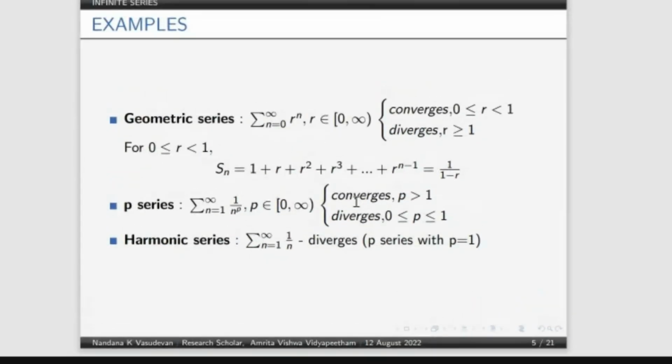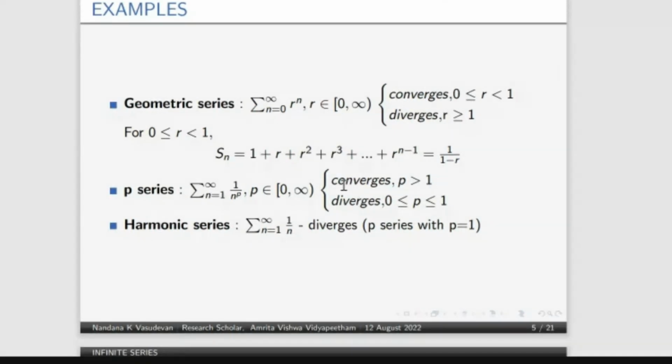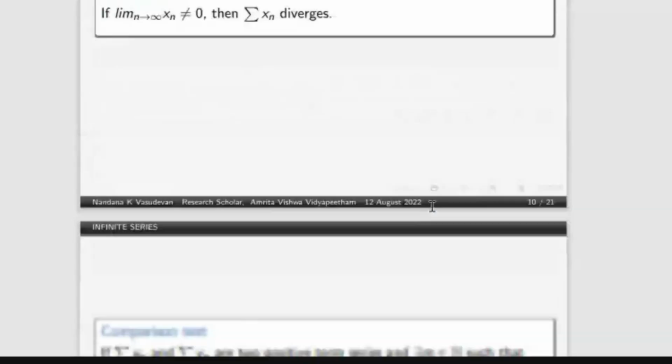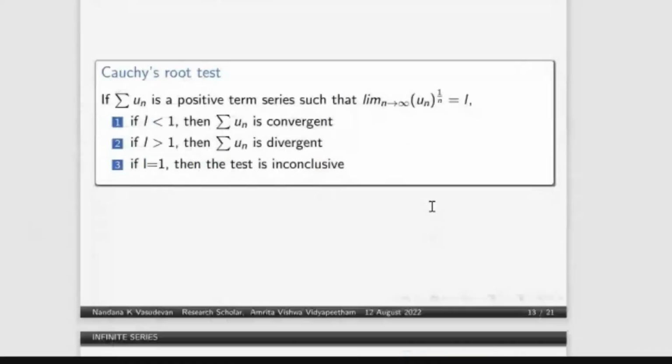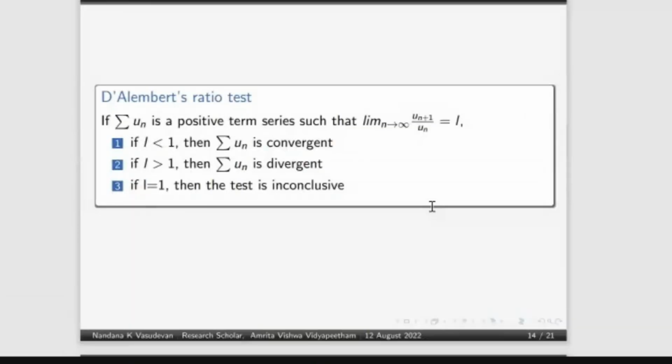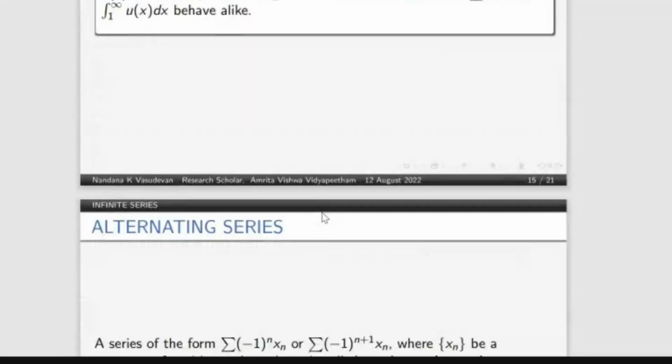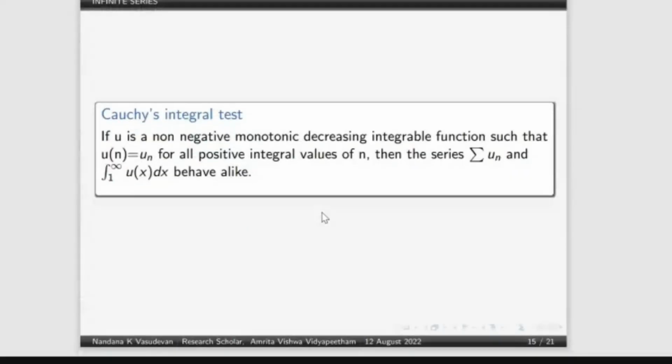It uses this improper integral to prove it is convergent for P greater than 1 and divergent for P between 0 and 1. Fine. Since we had not already discussed Cauchy's integral test, I could not include that in that part. So that is all about positive term series convergence.